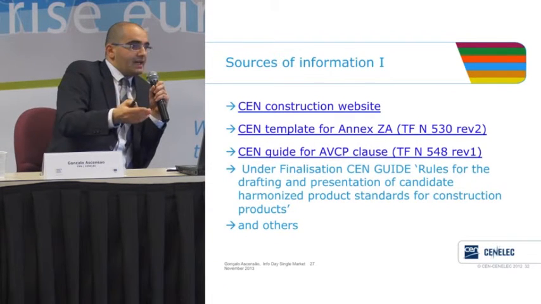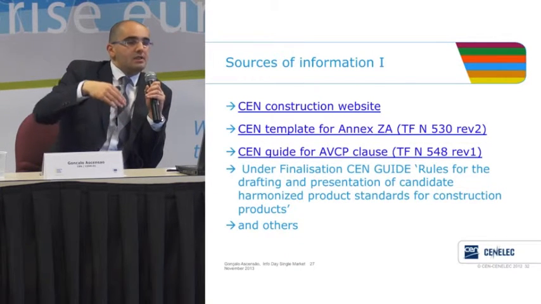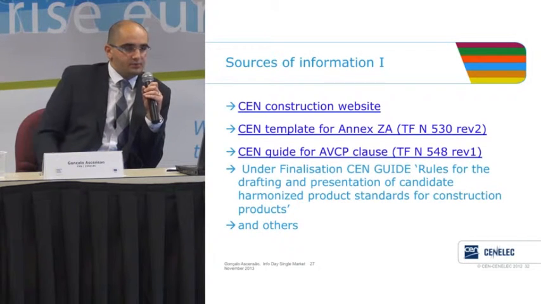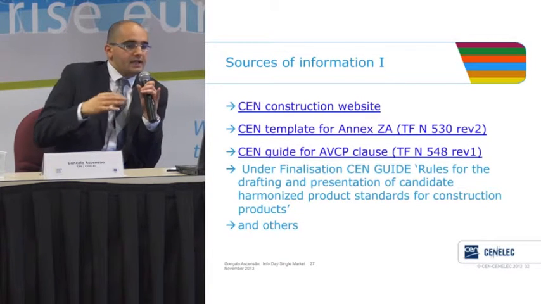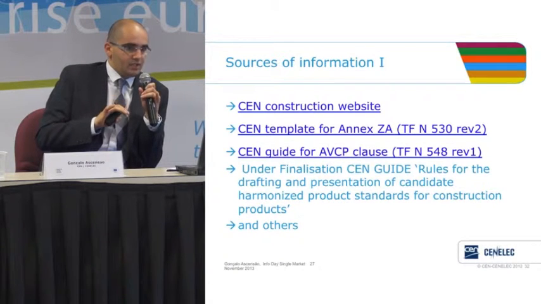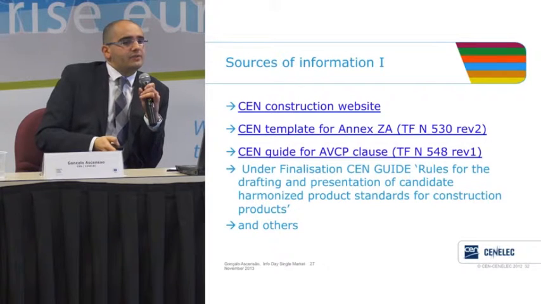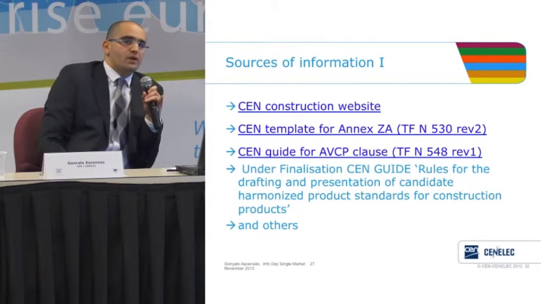We also have a CEN guide for the AVCP clauses, so on how to establish clause 6, on how the manufacturer should ensure that he maintains the performance declared. Now, we are also finalizing a CEN guide with the rules for the drafting and presentation of candidate harmonized product standards for construction products. It follows the structure that I referred before. So basically, it is explaining what is expected to have in each one of those clauses.